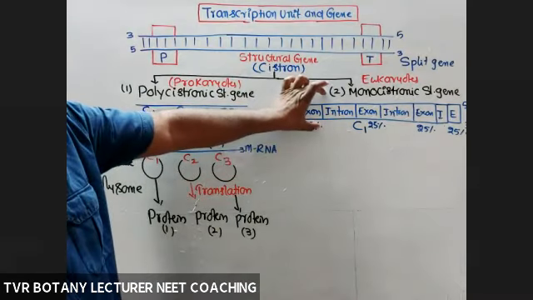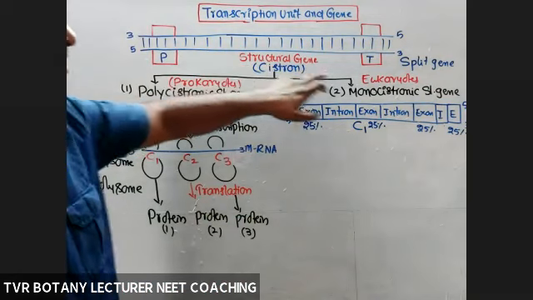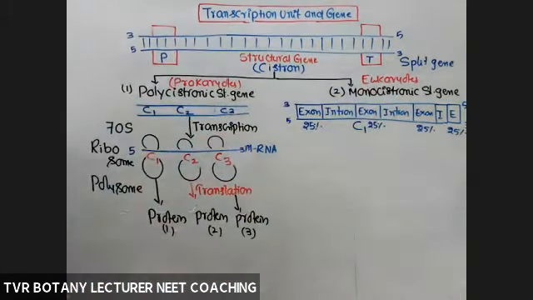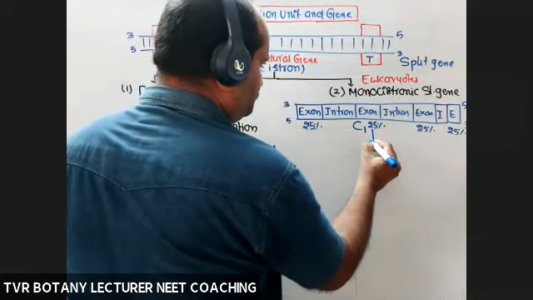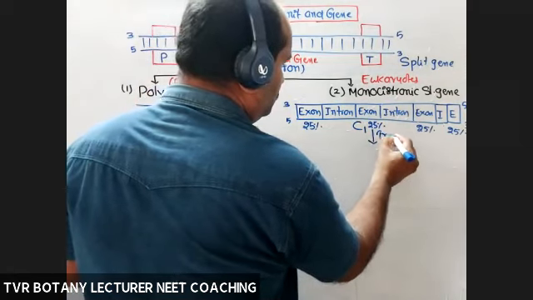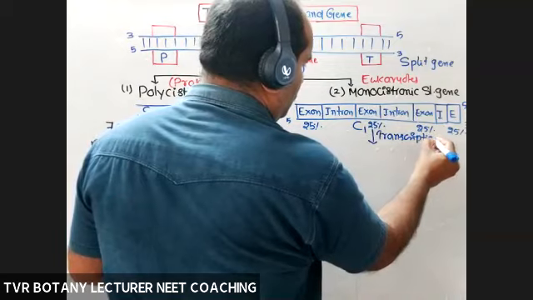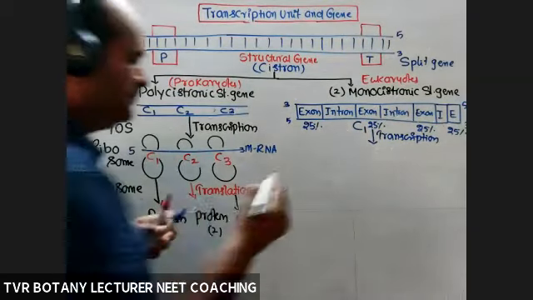So this is the segment of that cistron present in the structural gene of a monocistronic structural gene in eukaryotes. From this, transcription is completed, for example. This takes place within the eukaryotic nucleus.